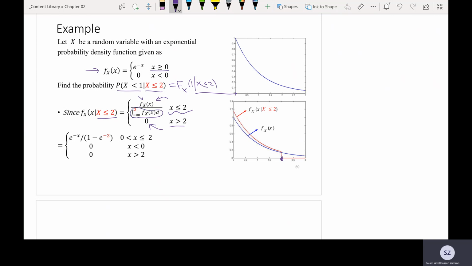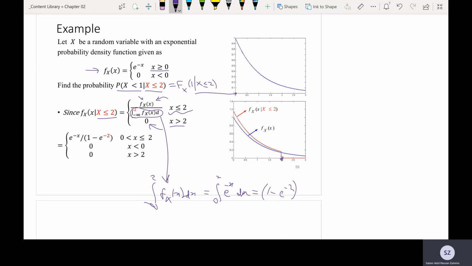So now the only thing is to just write this. We already have f of x, we need to find this. What is this? It's the integral from minus infinity to 2 of fx of x. Is there anything in minus infinity? It's the integral from 0 to 2 of e to minus x dx. And if you calculate this, it will be 1 minus e to minus 2.